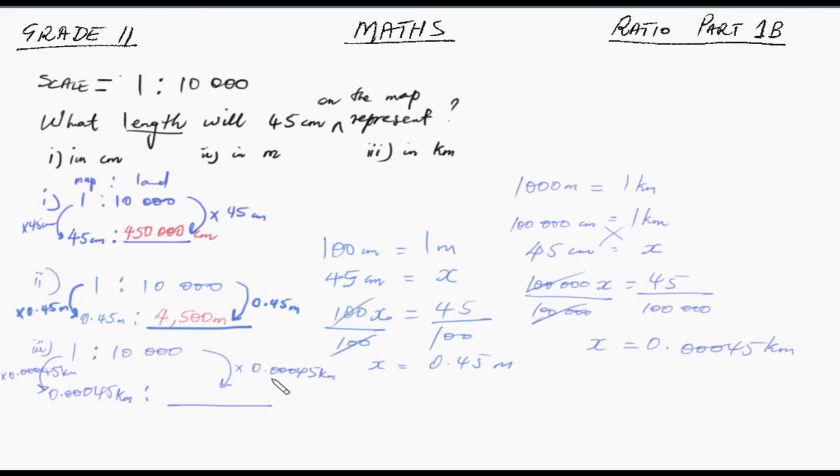Now, this times this will give you the distance here. So let's see what it is. 10,000 multiplied by that is going to give us 4.5. So our answer will be 4.5 kilometers.